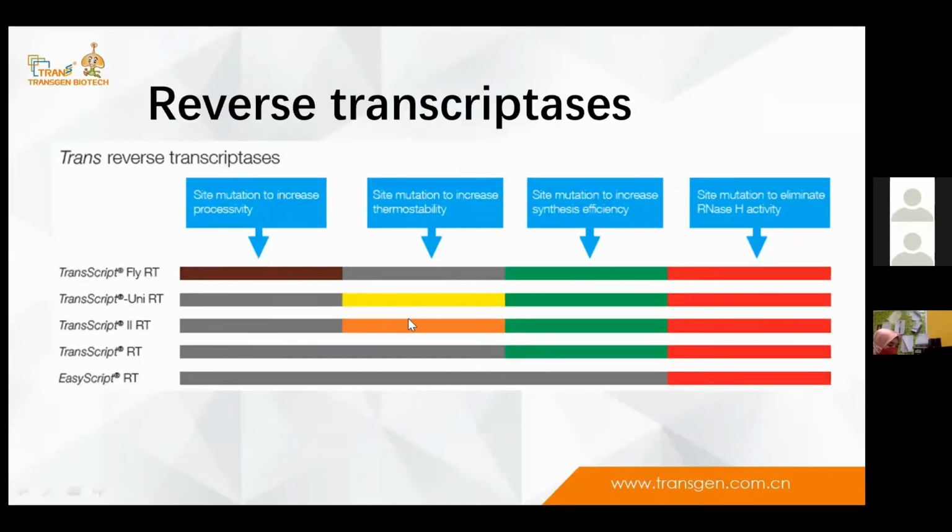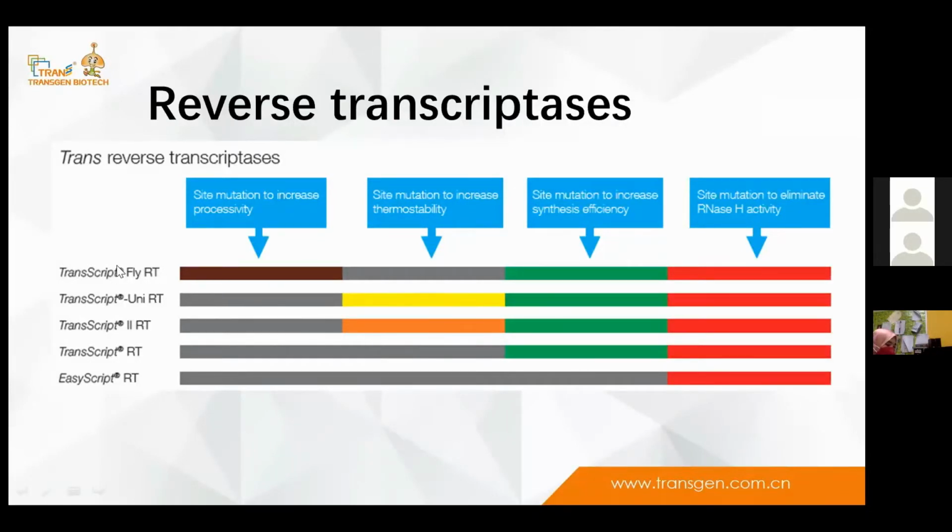Transcript 2 can survive at a temperature of 55 centigrade, and transcript uni can survive at a temperature of 65 centigrade. So if you have a very complex RNA structure or high GC content, maybe up to 60% GC, you can use transcript uni or transcript 2 reverse transcriptase to do the RT.